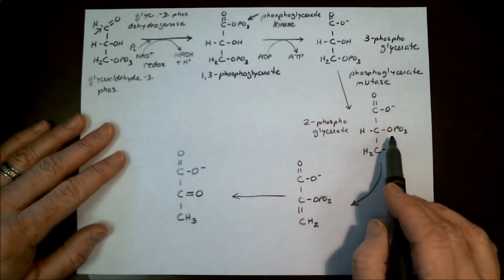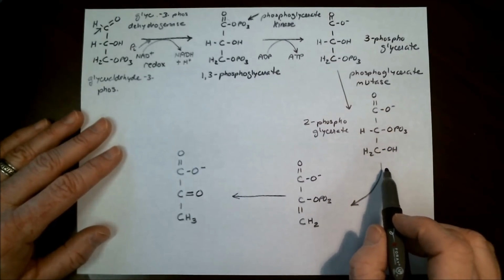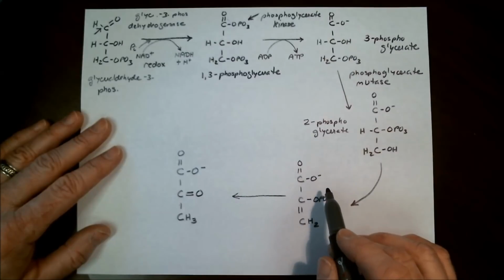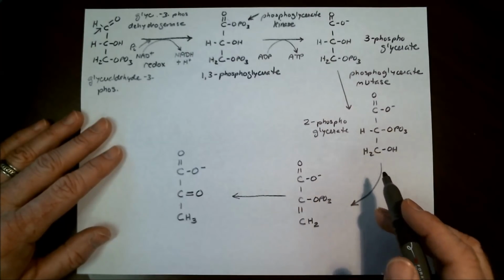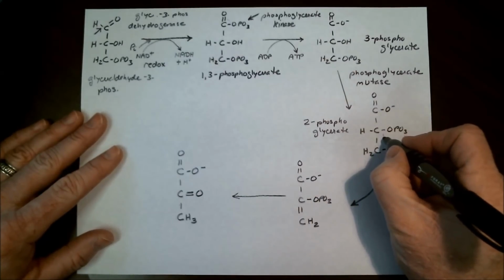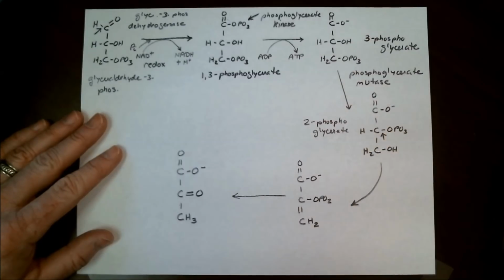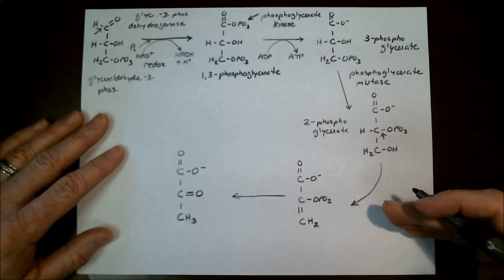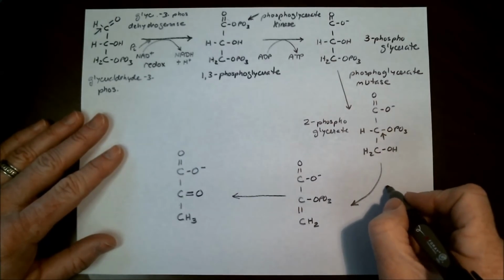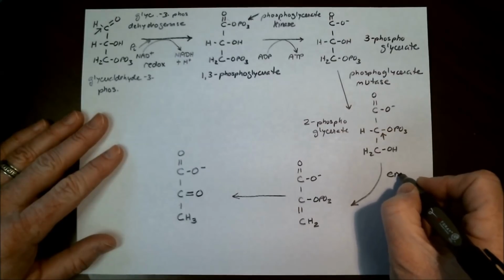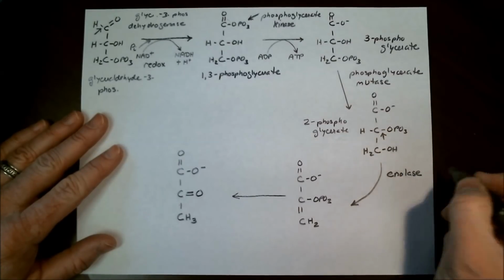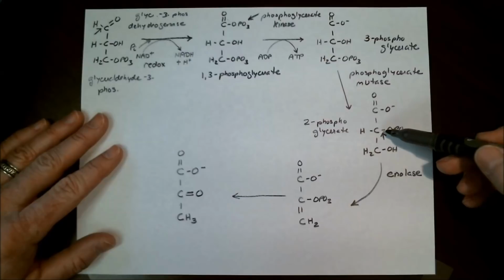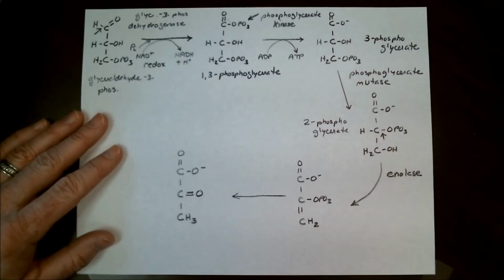Now the next reaction here is going to be, again, another preparative reaction to prepare the molecule for our final ATP production. But notice this bond here of the phosphate group. This is not a high energy bond. This is a rather stable bond. So the next reaction, which is done by an enzyme called enolase, is going to generate a structure that makes this bond a high energy bond and makes the phosphate group a better leaving group than it is in the 2-phosphoglycerate structure.